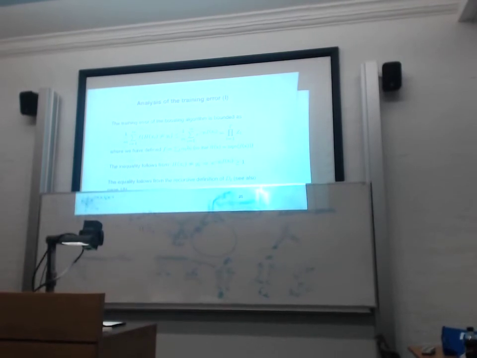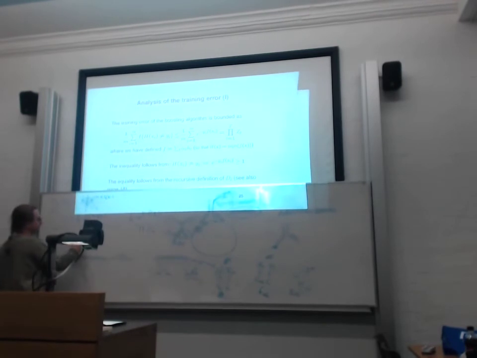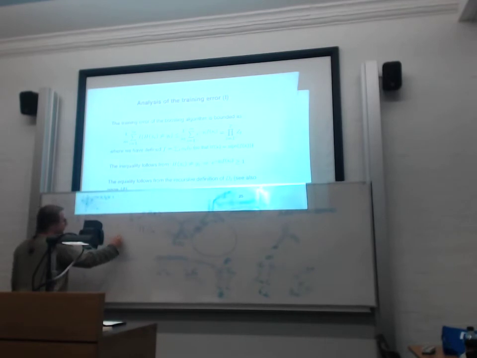We can just sum this over all the different D_t's. So we get the sum of D_T(i), i equals 1 to m, is equal to 1 over m sum of e to the minus y_i f(x_i), where we're summing over the examples, times the product of Z_t.